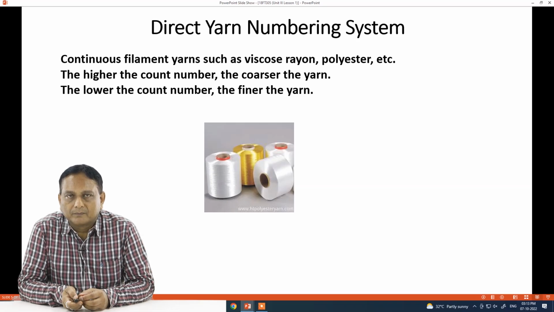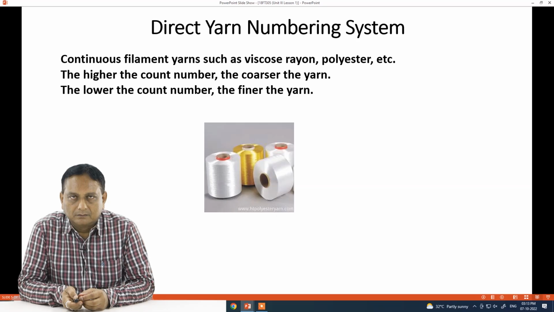Here, the higher the count number, the coarser the yarn, and the lower the count number, the finer the yarn. So this is the system available to us in the direct yarn numbering system, and it is applicable for continuous filament yarn: viscose, polyester, nylon, etc.